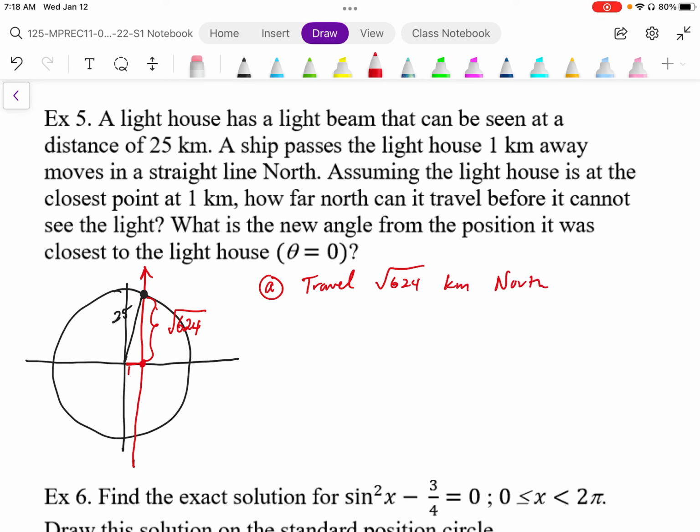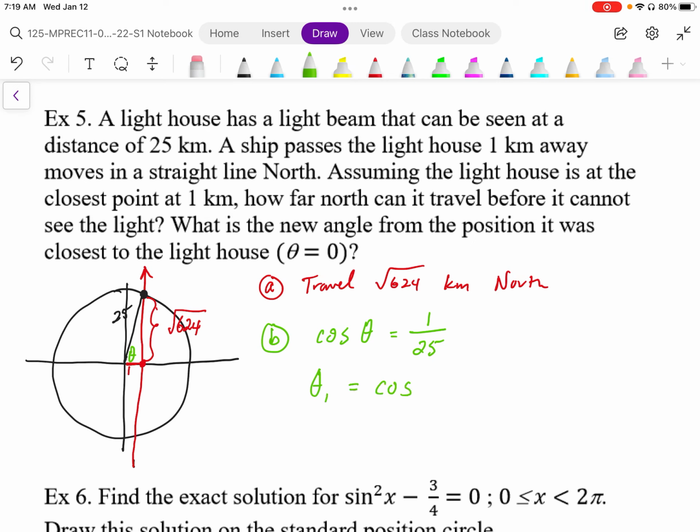And then what's the new angle from the position it was closest to the lighthouse? So this angle in here, this different color here, theta, that's the second part of the problem. If I want to find that angle theta, I just need to undo one of those ratios. So I'm just going to choose the cosine ratio. So I'm going to say cosine of theta is equal to the horizontal position over the radius.